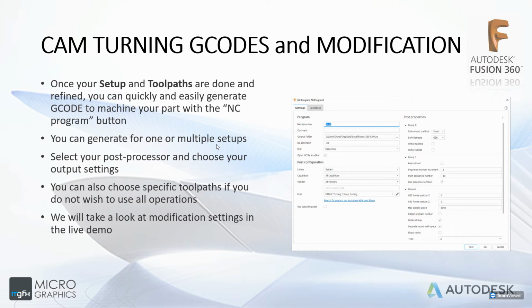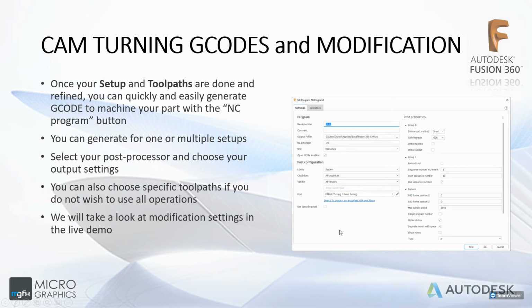Okay, you'll be greeted with the dialog box that you see on the right. Okay, and this will allow you to do a lot of things. First, you'll see on the left hand side, it will allow you to give a name and number, like we said in the setup, but it's just redone here, so you can rename your program. It will allow you to choose a post processor for the type of machine that you're using.